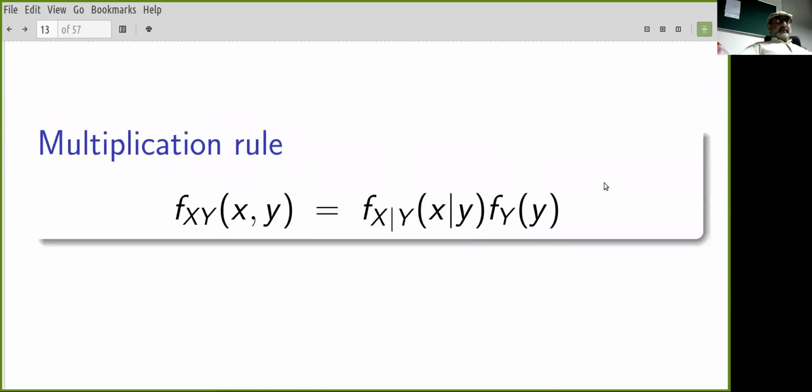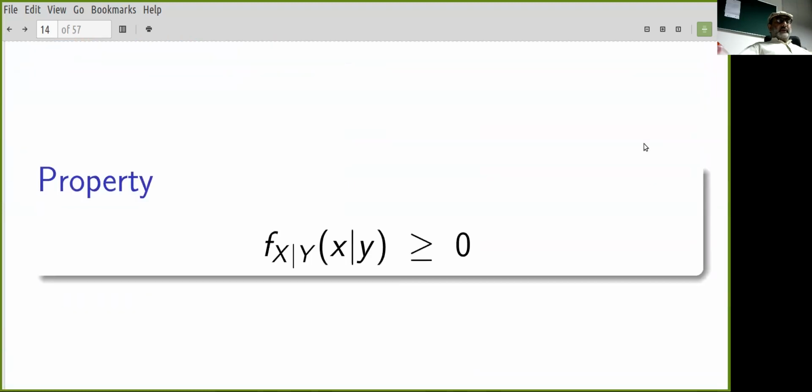And again, as before, we have a multiplication rule. The joint PDF for x and y is equal to the conditional for x given y times the marginal for y.